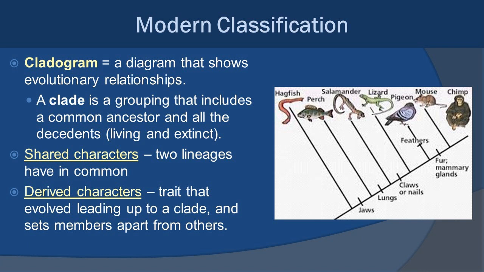And of course, new data from genetics, from fossils, from all over the place is continuing to reshape the relationships we understand currently about the different organisms and groups within our classification system. So science is continuing to evolve and learn, and we will probably not know all the details ever of these evolutionary connections. We're just doing the best we can with the data we have, and we've come quite a long way over the last 100 years or so.